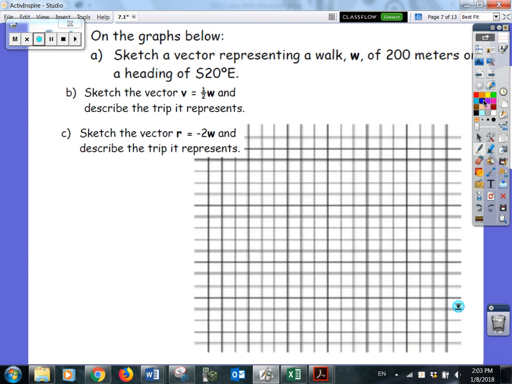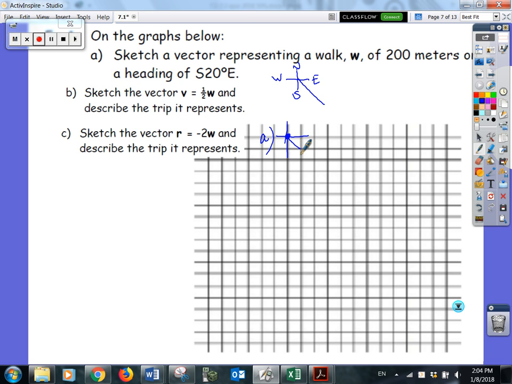So this one is south 20 degrees east. So if we go back to that, this is south, north, west, and east. South, and then we go 20 degrees to the east. Now, if we think about, well, where's 20 degrees? Well, we know if we go right out the middle, that's 45 degrees. So I'm going to start right here, letter A. If I went down 1 unit and over 1 unit, that would cut that 90 degrees in half.